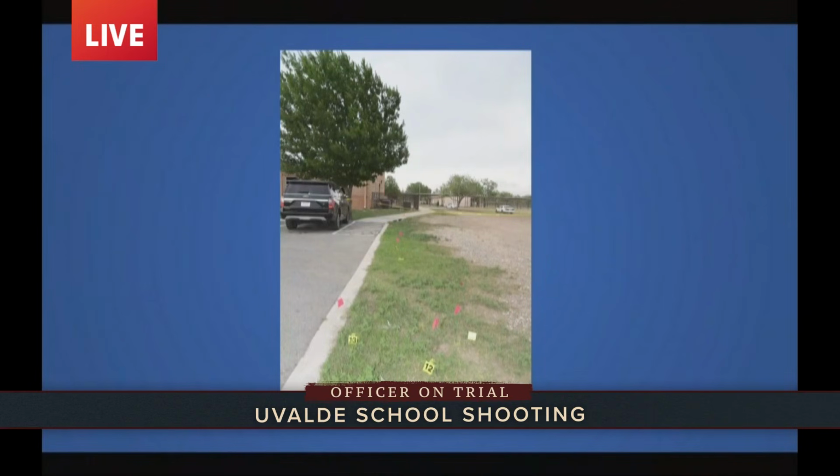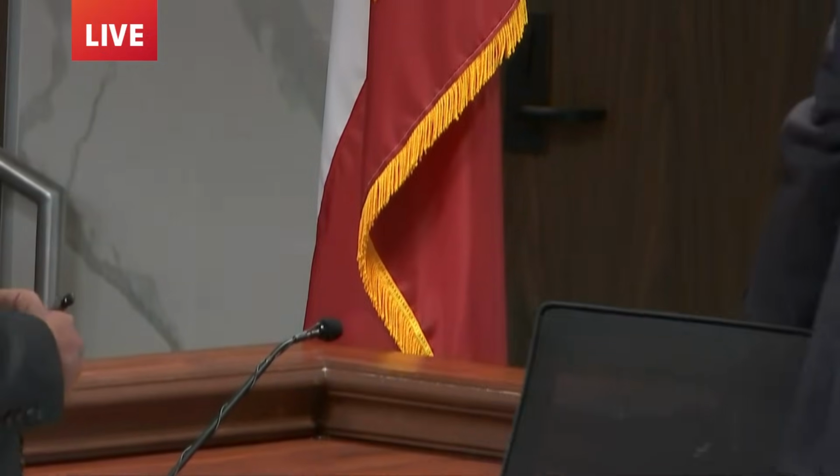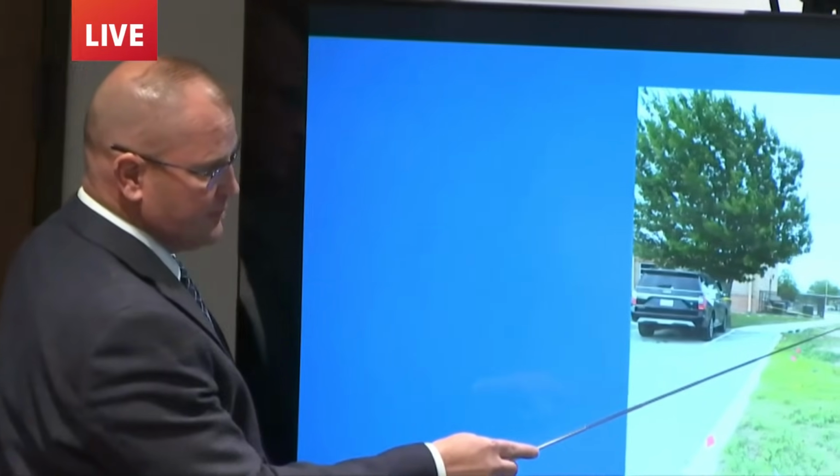Yes. And would you point those out? Here's your marker. Your Honor, can I approach the screen? Yes, sir. There's going to be one right here, one right here. And is there a building behind that first vehicle that you pointed to? Yes. Building right here behind this patrol car.